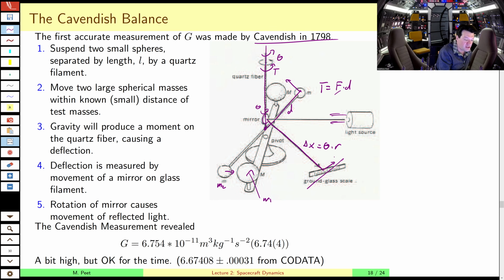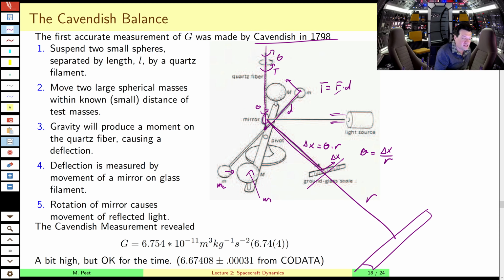So the change in where that laser hits, delta x, is proportional to theta, but amplified by the distance at which you measure. You can put this scale way over here at a really large distance and it amplifies this measurement substantially. Then you calculate theta as delta x over r.